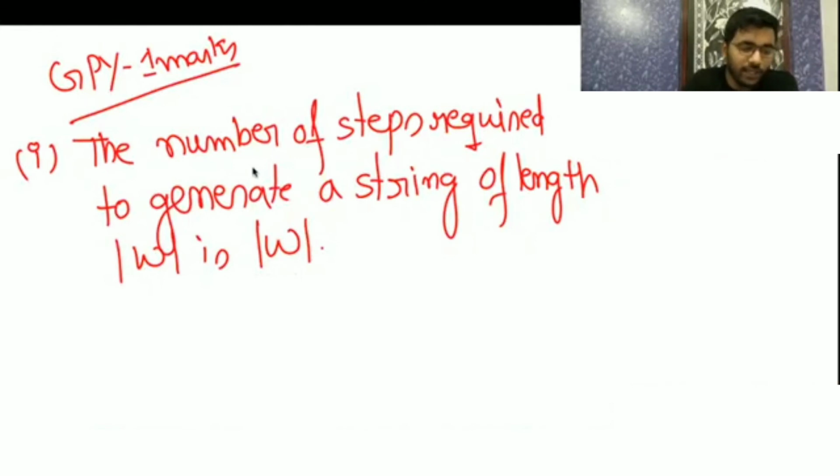Now tell me, to derive a string, which one is faster? Either GNF is faster or CNF. CNF or GNF?